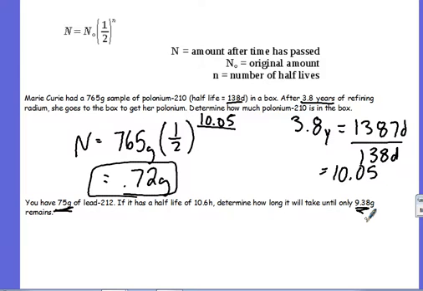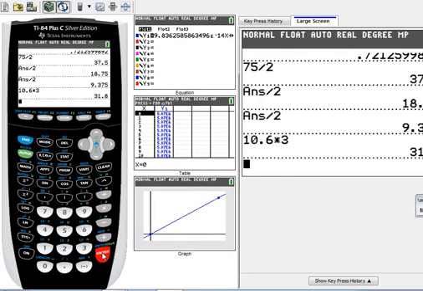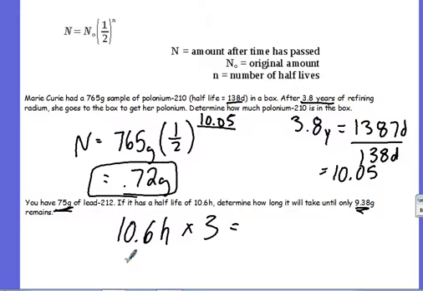So it's 3 half-lives. Now, if each half-life is 10.6 hours, after 3 half-lives have occurred, well, I can calculate how long that'll take. 10.6 times 3. And to 2 significant figures, that's 32 hours.